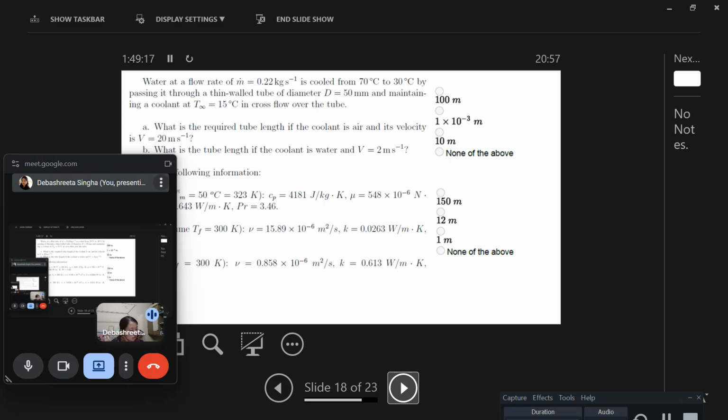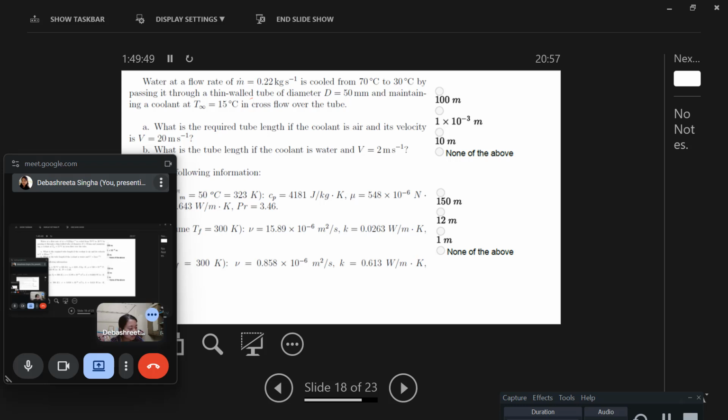Now on the basis of this question, the question is extended more. Water at a mass flow rate of 0.22 kg per second is cooled from 70 degrees to 30 degrees by passing it through a thin walled tube of diameter d equal to 50 millimeter.